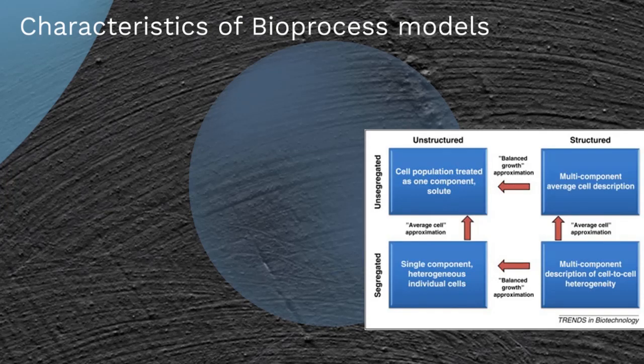The models which incorporate the details of intracellular metabolism are referred to as structured models, and such models attempt to account for unbalanced growth of microorganisms, that is, when the composition of major cellular constituents such as RNA and enzyme concentrations vary as a result of changing external conditions.